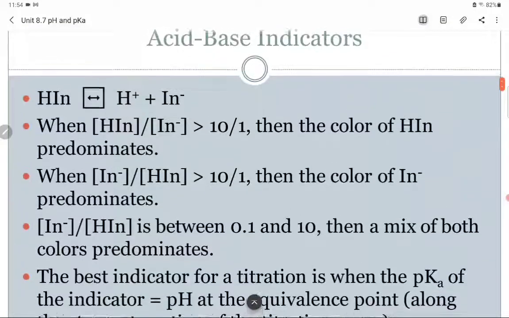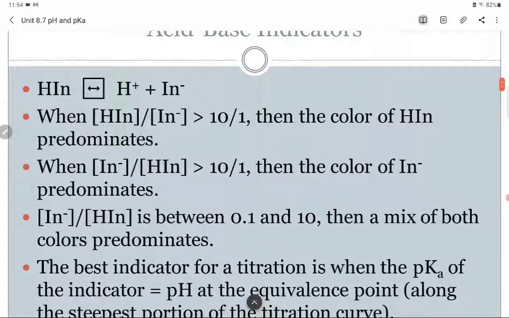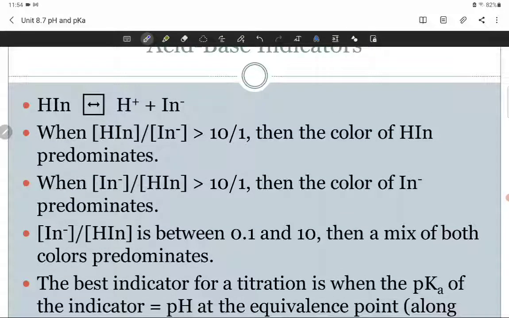So let's talk about pH indicators. pH indicators are actually themselves weak acids with conjugate bases. So we used to call these HAs, and we can still call them HAs, but a lot of people call them HIN. They're weak acids, and maybe this one has a color of blue.